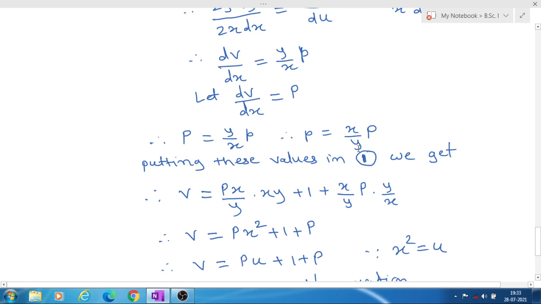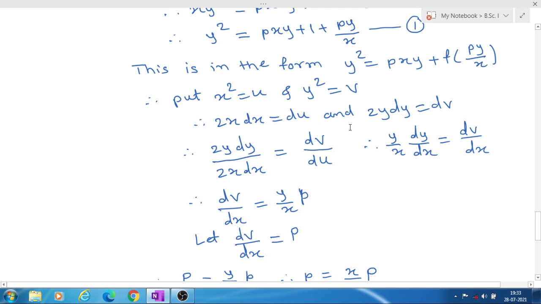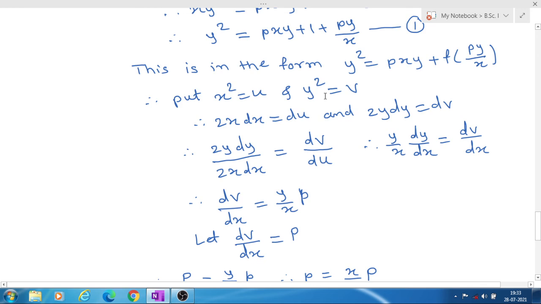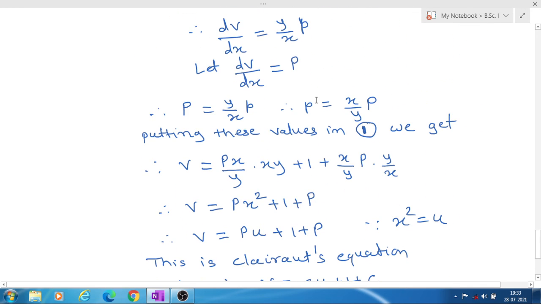Now putting this value in the above equation number 1, with y² = v and x² = u, and small p = (x/y)P.